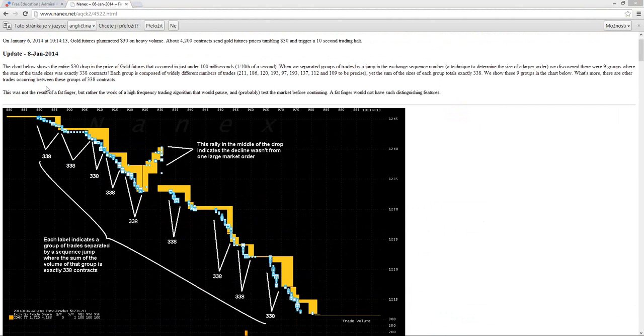Yet the sum of the sizes of each group totals exactly 338. We show these 9 groups in the chart below. What's more, there are other trades occurring between these groups of 338. This was not the result of a fat finger, but rather the work of a high-frequency trading algorithm that would pause and probably test the market before continuing. A fat finger would not have such distinguishing features. Very interesting.